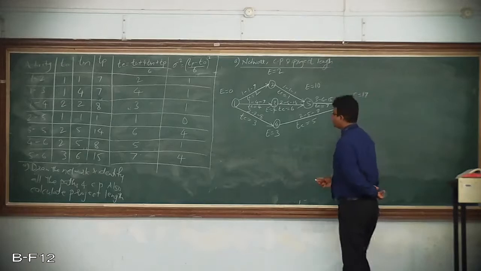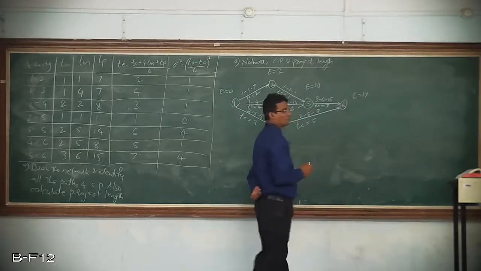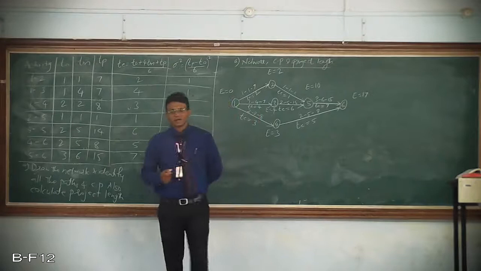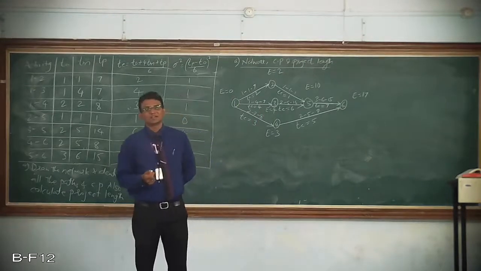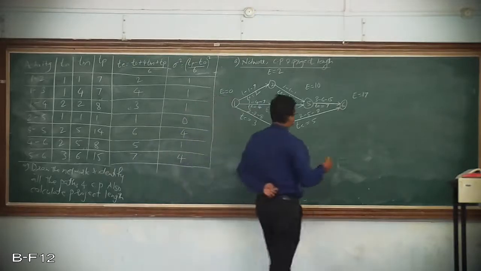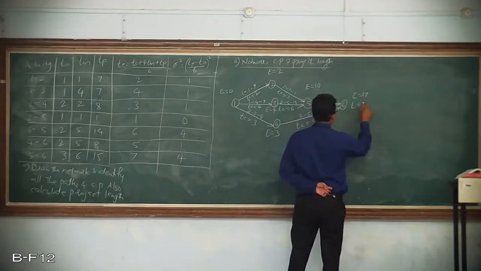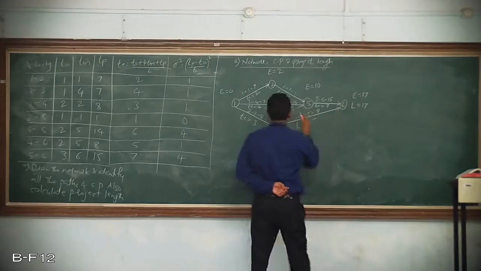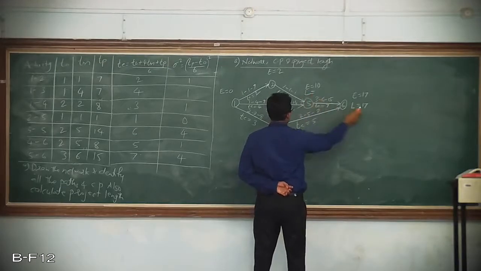Okay. Then after the forward pass, now I will calculate L values, that is latest finishing time, by using backward pass. So I will start with event 6, then I will come to 5, so L will be 17 minus 7, 10.